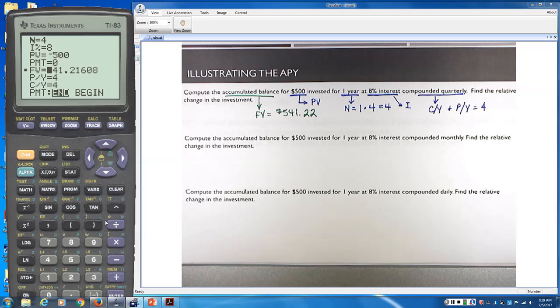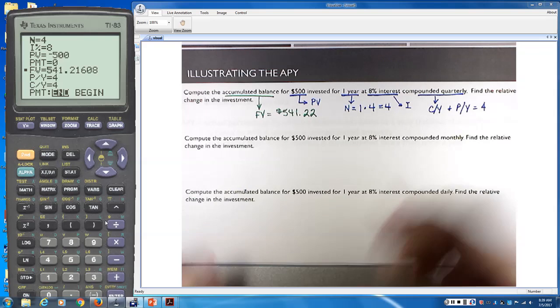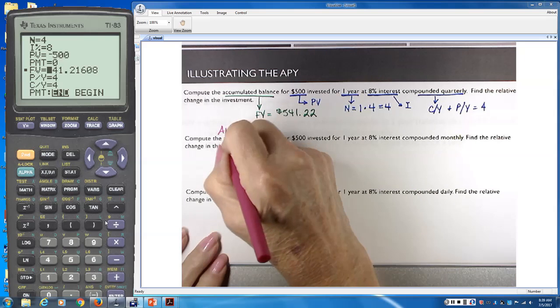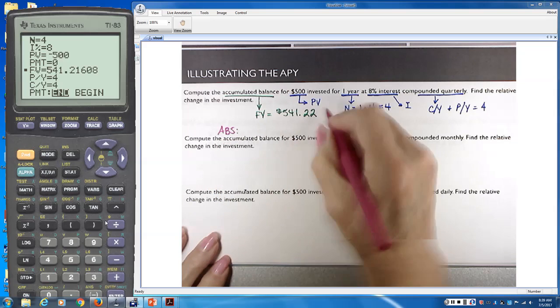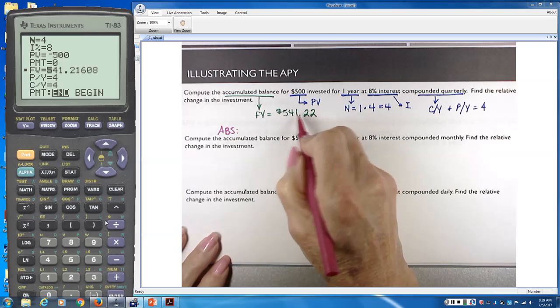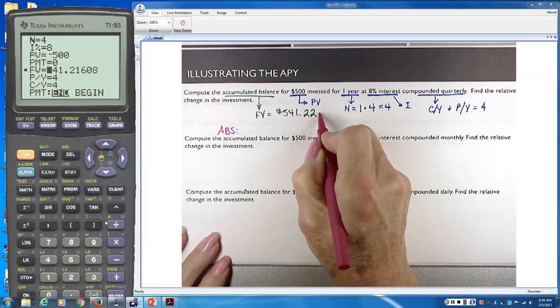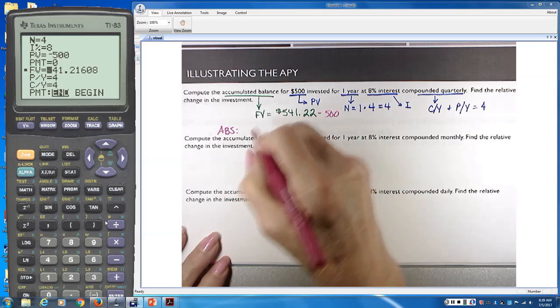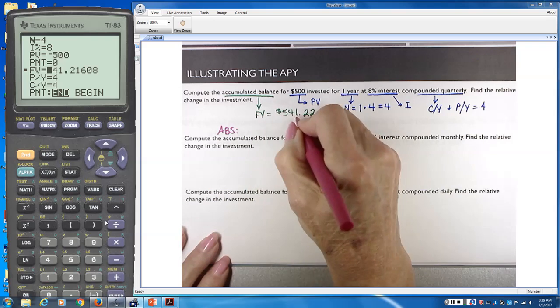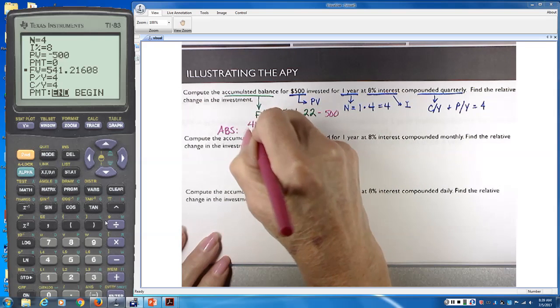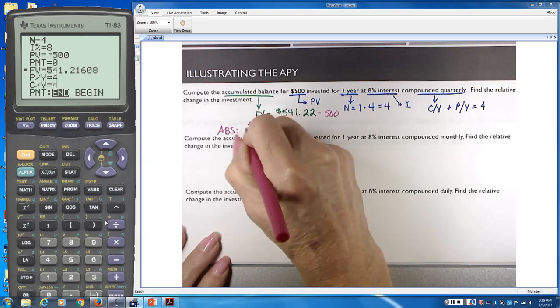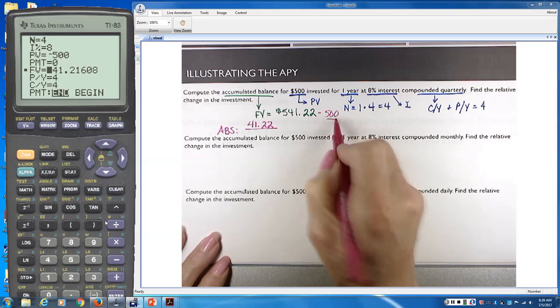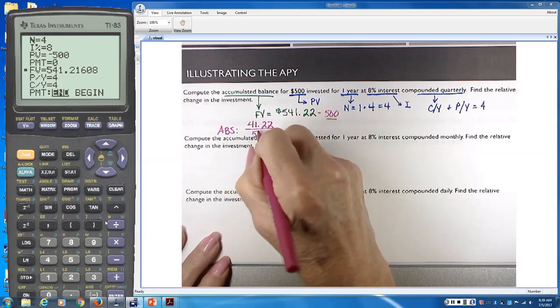So that's going to change our absolute difference since this is going to be 541.22 minus 500, it's going to be the same setup as we did before. Our absolute difference is positive $41.22 divided by the reference value, which is going to be 500.